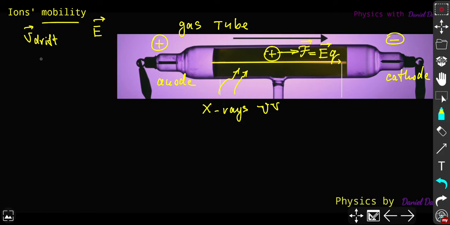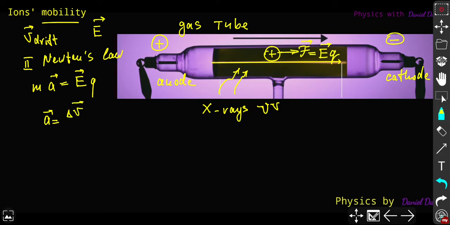All right, so writing Newton's second law for this charged particle, we can state that the effective mass of this ion times acceleration will be proportional to EQ. So acceleration is change in velocity over time, so that's why we can write dv over dt. And the right hand side of this equation will look like Q over m times E.